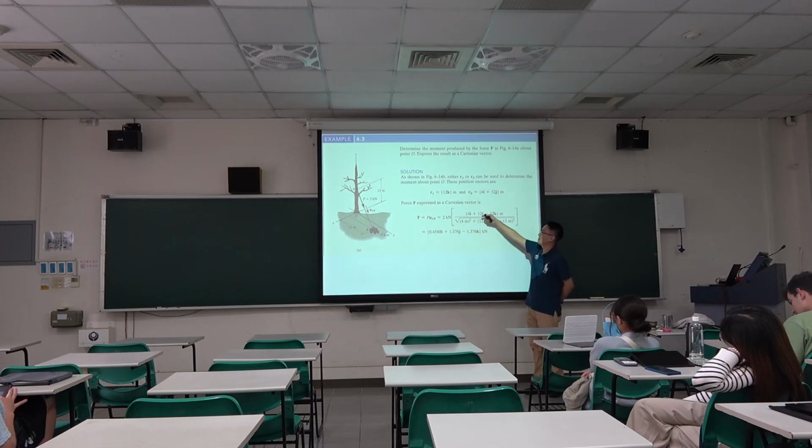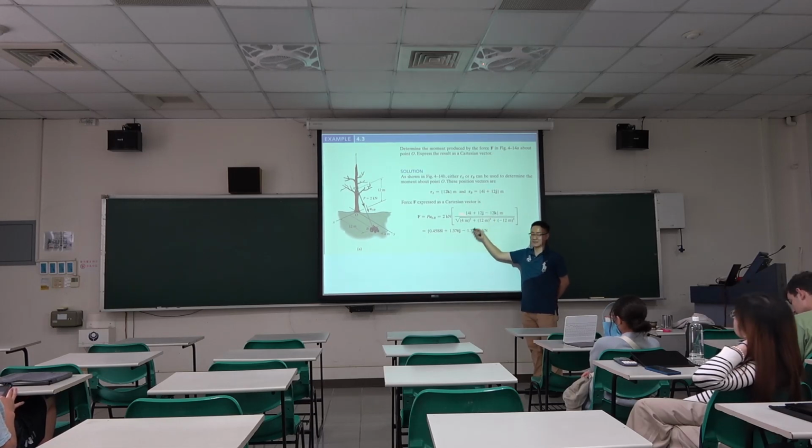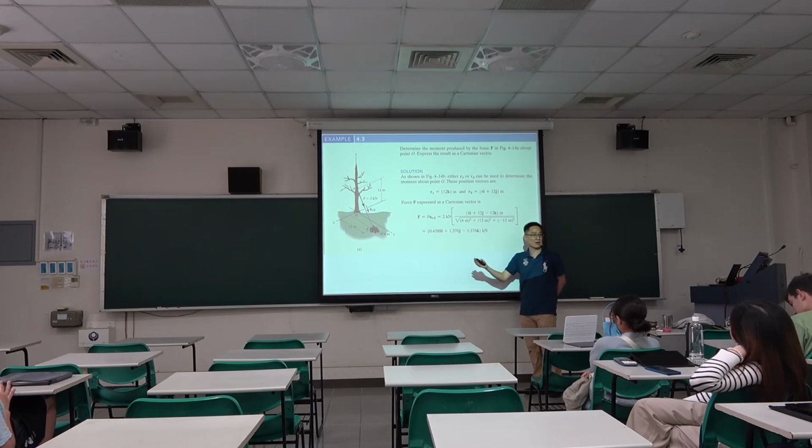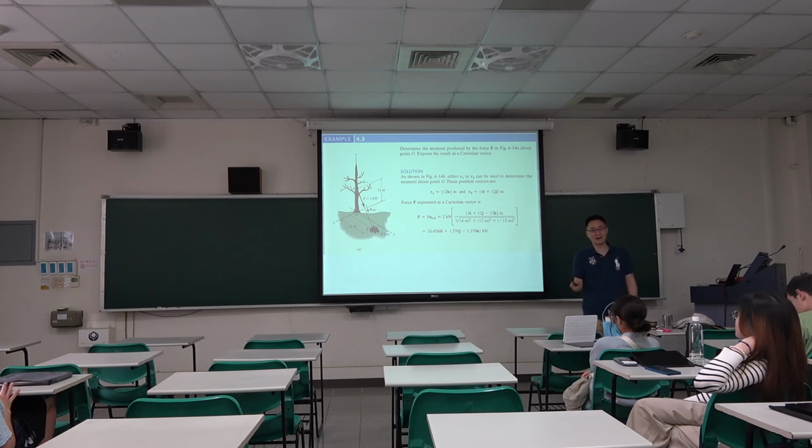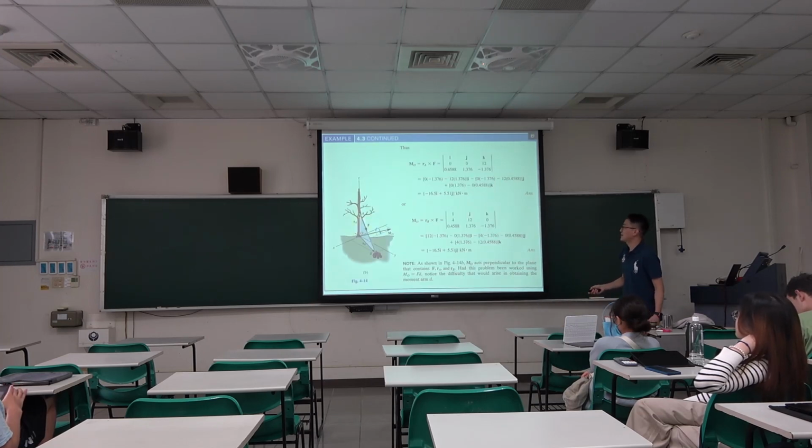Right now we have the position vector and the force vector. Remember, to work out a moment, R cross F. So first, we use RA cross F, with i, j, k. Remember that's just a calculation procedure.